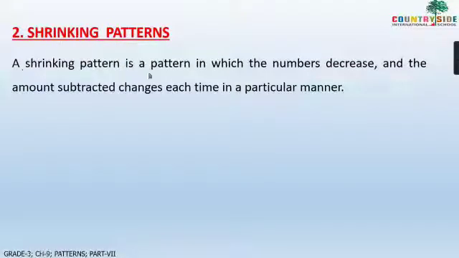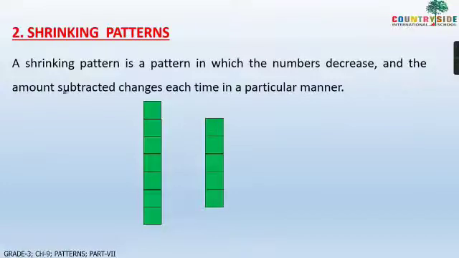Then the next is the shrinking pattern. Shrinking pattern is just the opposite of the growing pattern. In a shrinking pattern, the numbers decrease. A shrinking pattern is a pattern in which the number decreases and the amount subtracted changes each time in a particular manner.